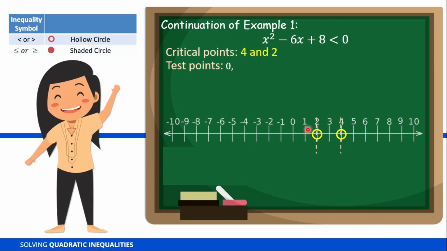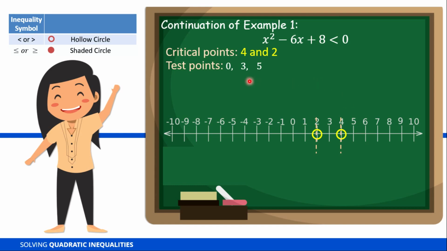Ang kunin na natin is yung 0 dito sa first region. Sa second region, kunin na natin yung positive 3. Pwede din naman kayo kumuha ng 2.5, 3.5, and so on, okay? Pero 3 yung gagamitin natin for the second region. At dito sa ating third region, kunin natin yung real number na 5.